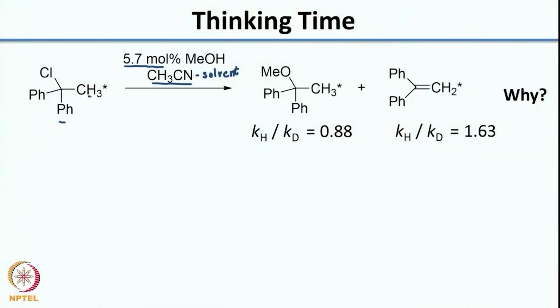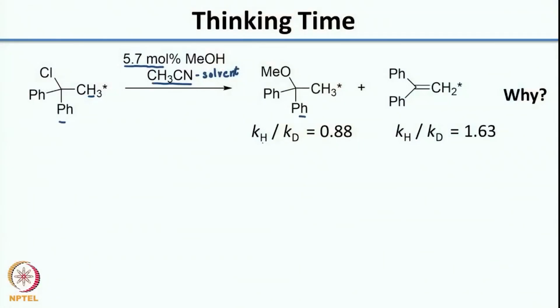and the isotopic substitution is done here. What is seen is that the Kh over Kd value for this product, if you remember our class on kinetics, you can study the kinetics for formation of multiple products.